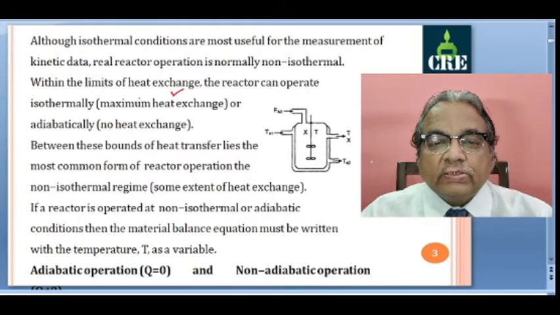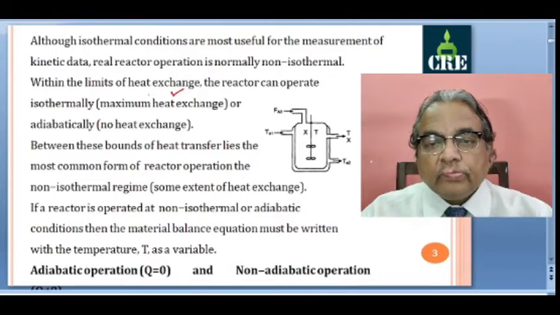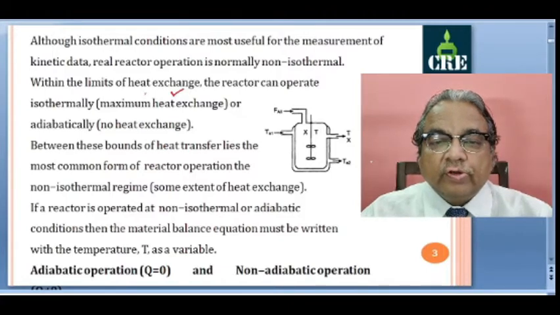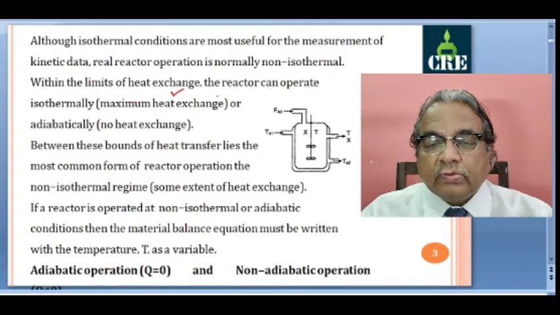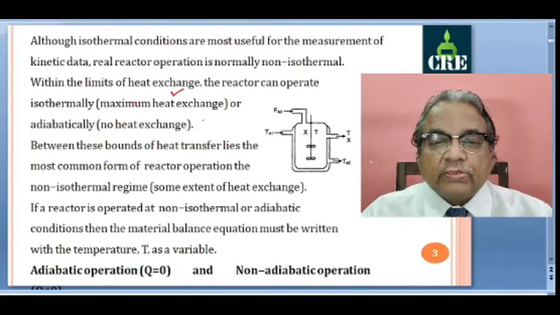Most of the reactions will be exothermic or endothermic, and heat will be evolved or absorbed, and accordingly we have to remove the heat or supply the heat. So to maintain isothermal conditions, we'll have maximum heat exchange in the form of either heat removal in case of exothermic reactions or heat supply in case of endothermic reactions.